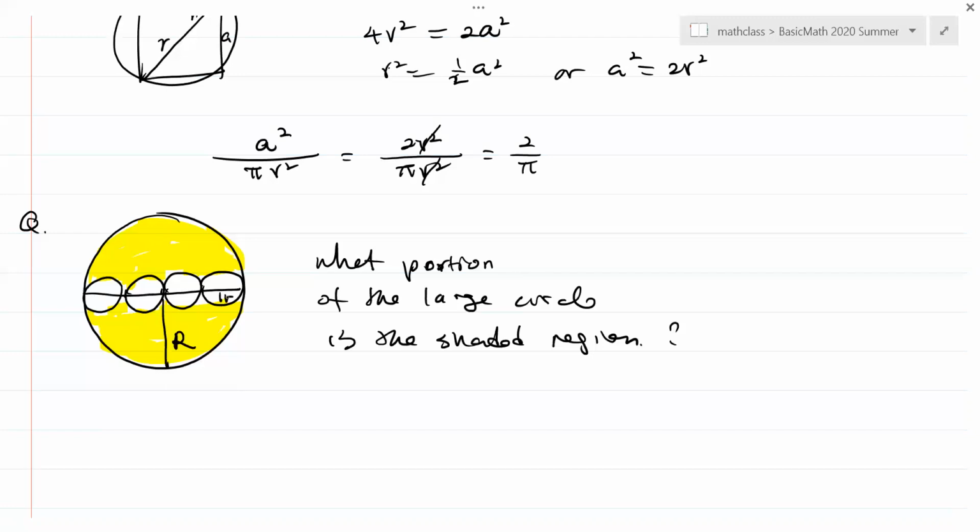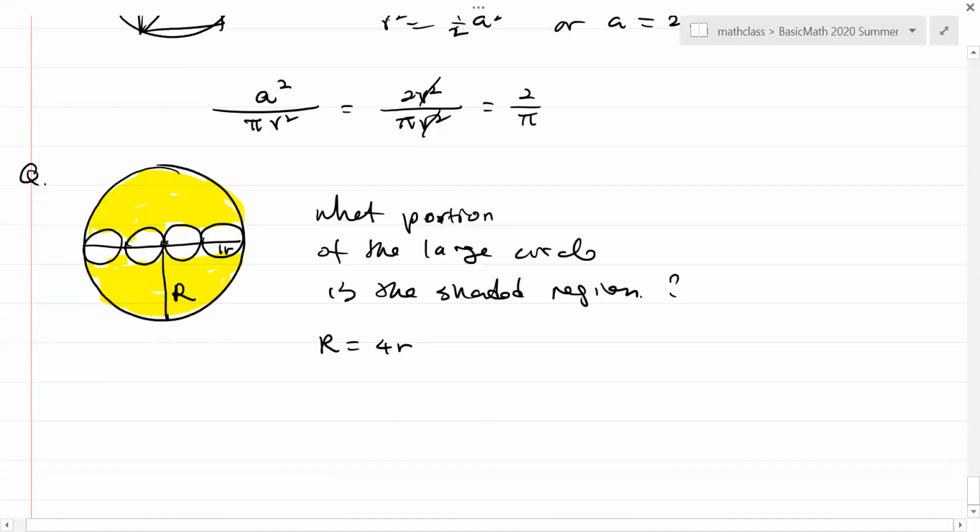Let's find the relationship. I think clearly capital R is going to be 4 little r, right? From the picture, you can see that.